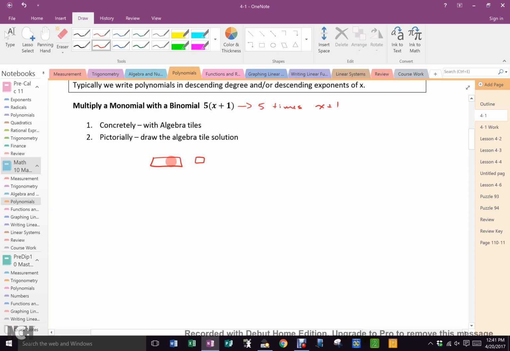Because I'm going to make the clear ones positive because I don't want to bother coloring them in. X plus 1, 5 times. Right? And then all I got to do is count it out. 5 x's, positive 5 there. The answer is 5x plus 5.